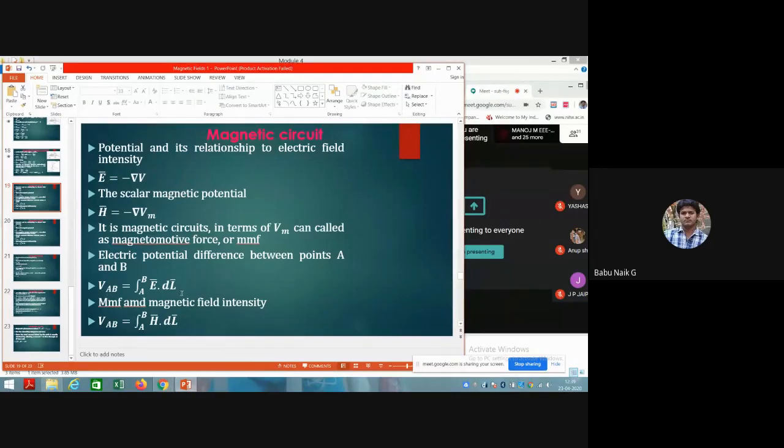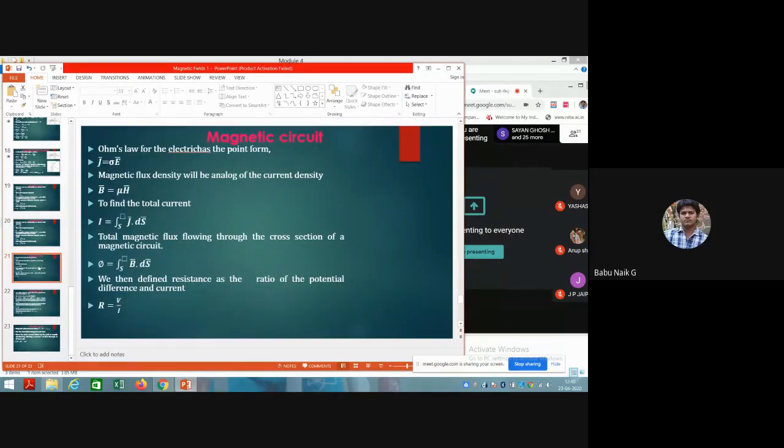You can relate this to the magnetic field also, across that element, like magnetic motive force and magnetic field intensity: VAB is equal to the integral from A to B of H bar dot dl. Similarly you can take other things, like Ohm's law applied to the magnetic field intensity.